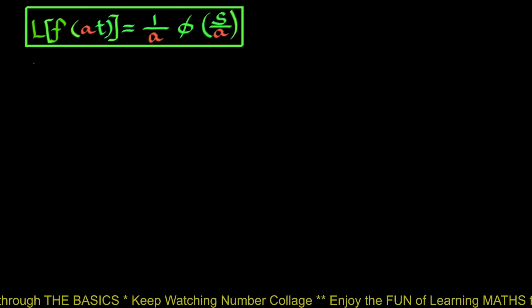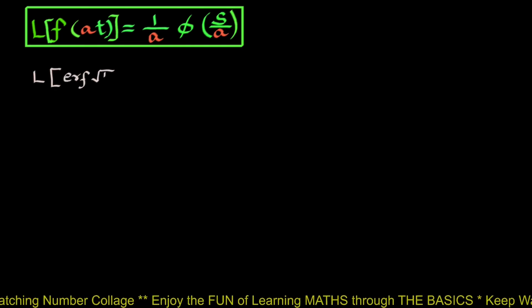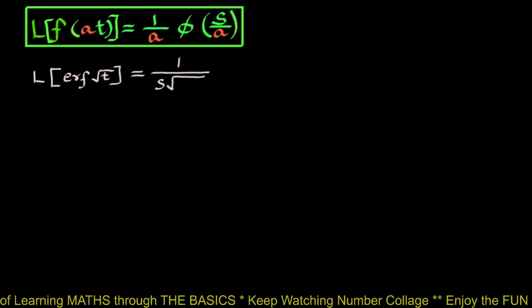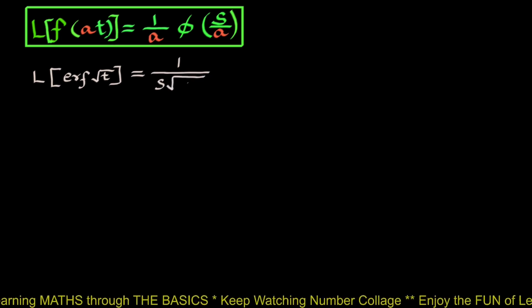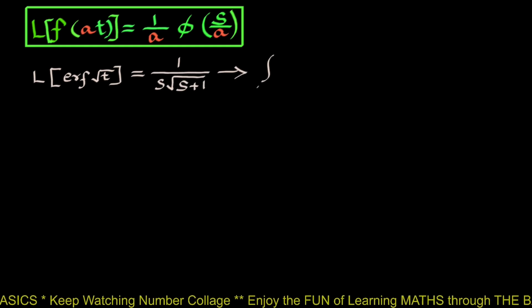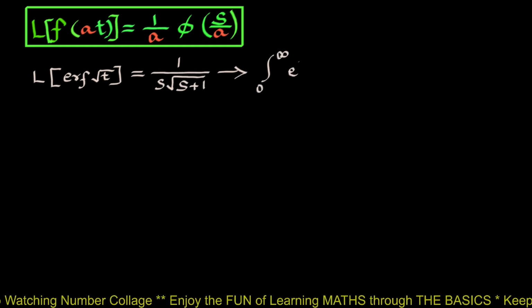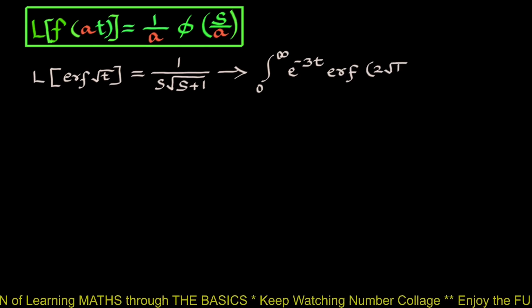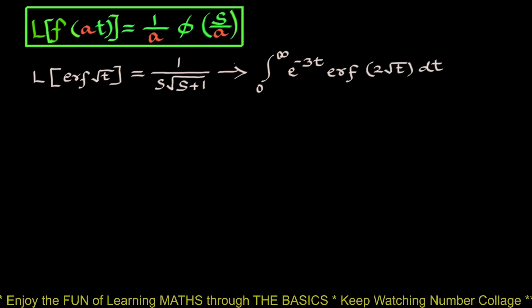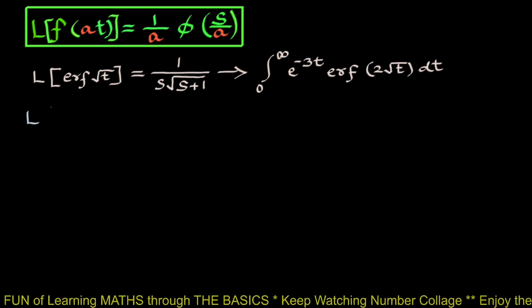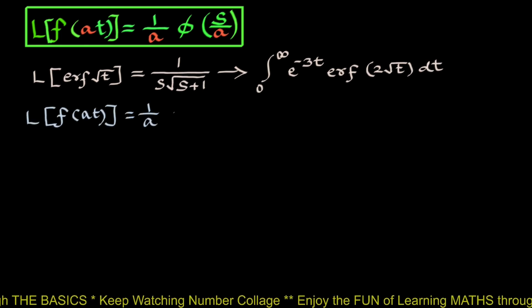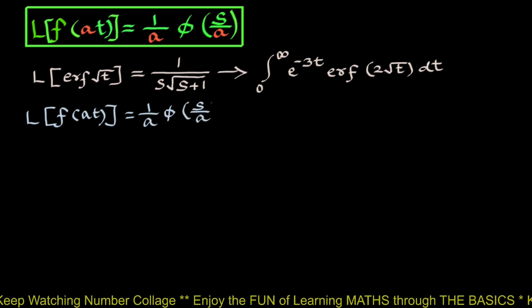Laplace transform of error function square root t is 1 upon s into square root of s plus 1. We have to find integral from 0 to infinity e raised to minus 3t error function of 2 square root of t dt. We have, by change of scale property, Laplace transform of f(at) equals 1 upon a phi of s upon a.